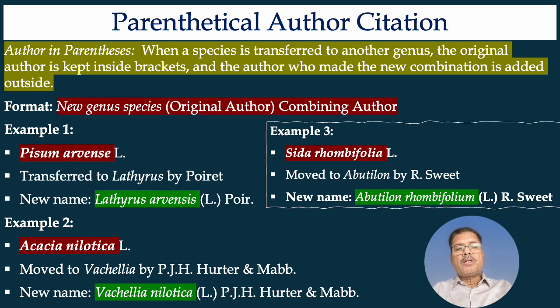Another instance is Sida rhombifolia, which R.S.V. transferred to the genus Abutilon, producing the new combination Abutilon rhombifolium. Through this format, the botanical nomenclature preserves both the historical authorship and the modern taxonomic insight.